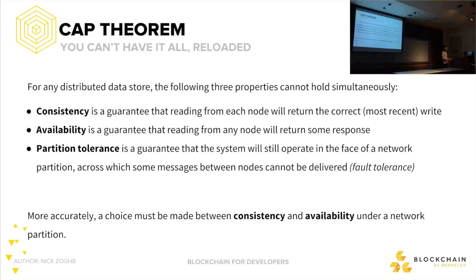And the real takeaway here isn't just that you can only pick like 2 out of 3 or 1 out of 3 of these things. It's really that if you're in an environment that is not partition tolerant, as many networks are, then you really have to make a trade-off, right, between the first two things, consistency and availability.